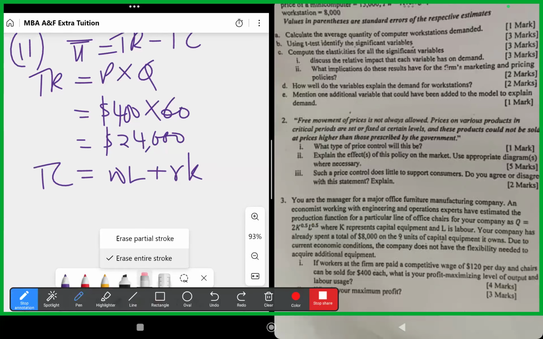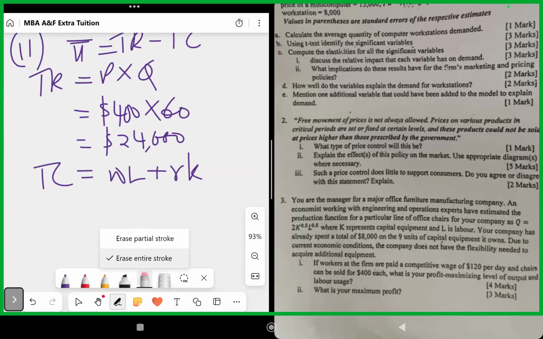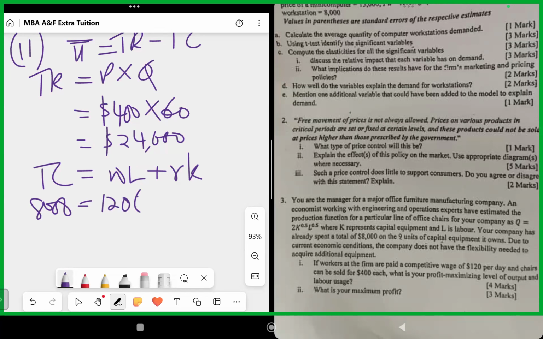So the question has already given us the value for the total cost, which is 8,000 here, equals the wage, which is 120, and the labor, which is 100, plus, we don't know the rate, but we know the capital to be 9 units.